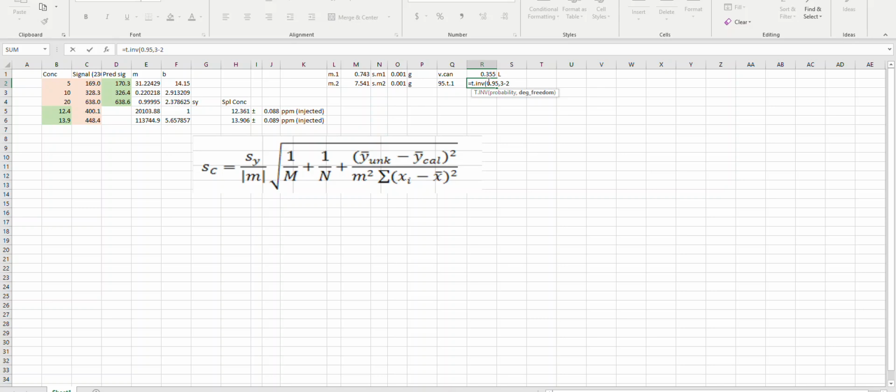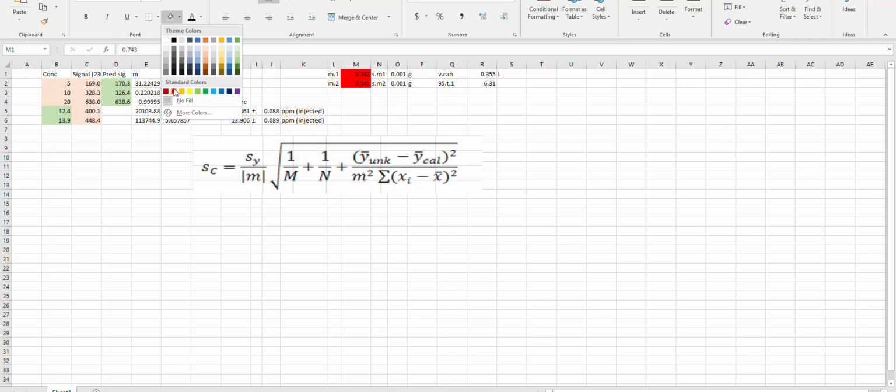It's 3 cal points minus 2 degrees of freedom, 1 for slope, 1 for intercept. So there's that, 6.31. And we can reduce these. This is unitless, right? These are just examples, so I'll highlight them in red. These are examples only.